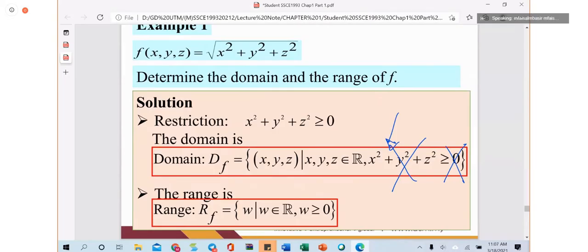So because we can put any values of x, y, and z, the domain for the function square root of x squared plus y squared plus z squared will be R, or negative infinity to infinity.